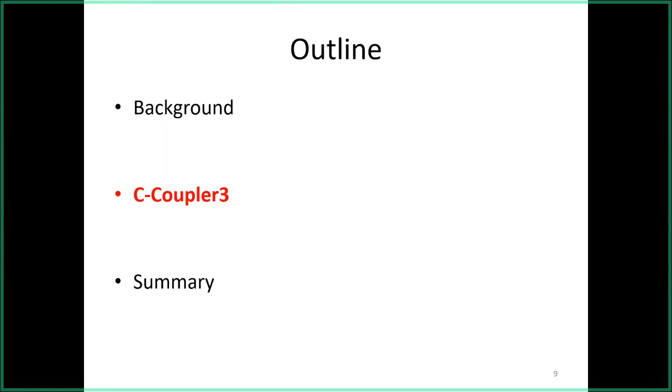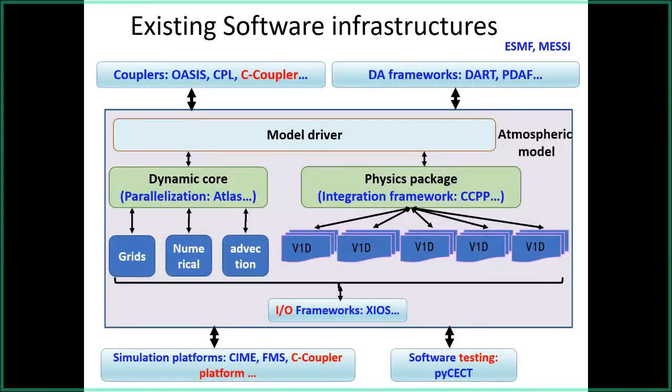When we think about the development of C-Coupler 3, we are involved in a key research project in China, which enables us to take a look at various kinds of software structures for supporting model development.